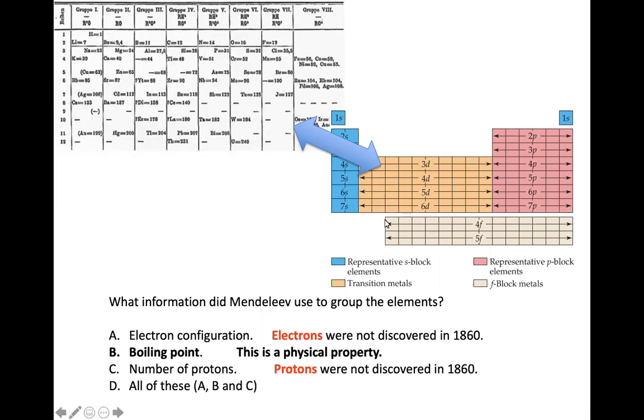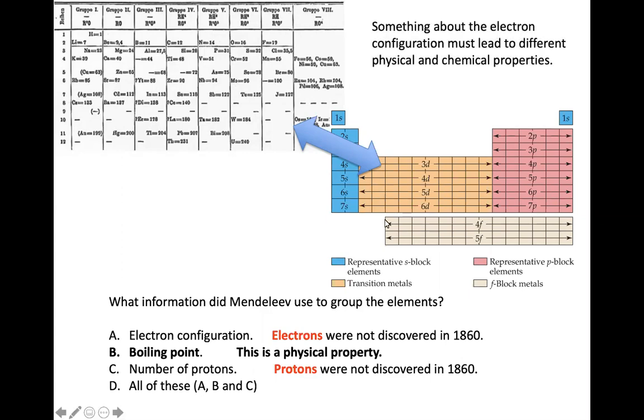So if I bring those two together logically, there must be something about the electron configuration that leads to these different physical and chemical properties. He didn't know about the electron configuration. He doesn't know about electrons, but we do. That's going to be a major point of this chapter. We're going to try to learn things that Mendeleev did not.